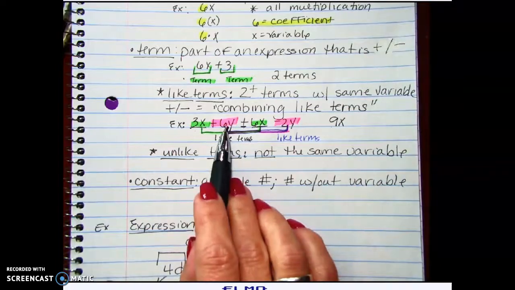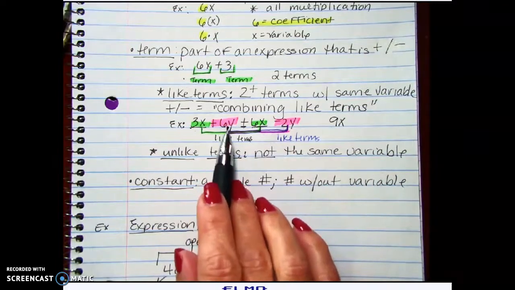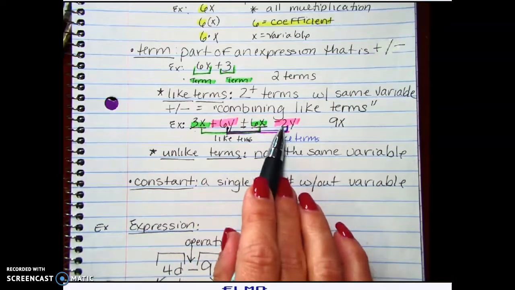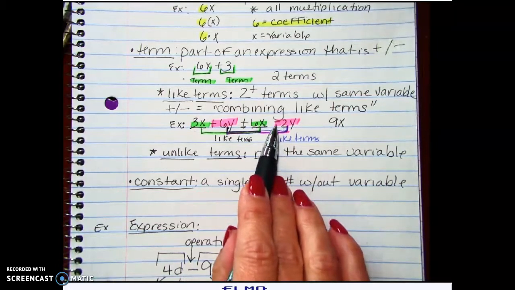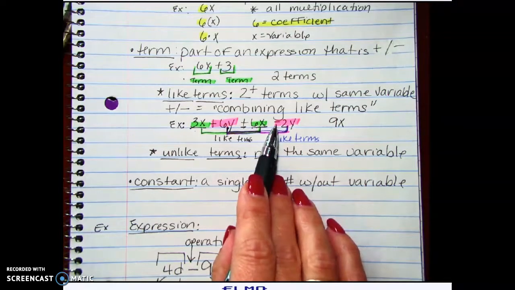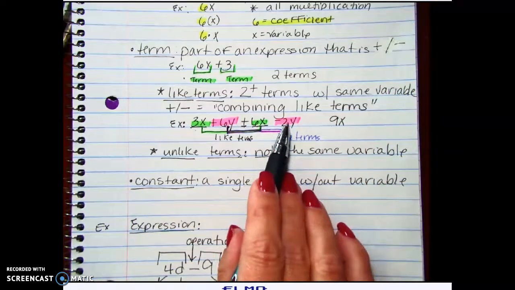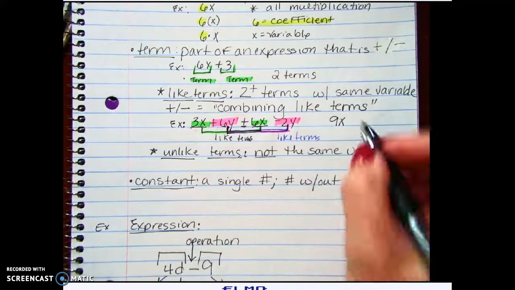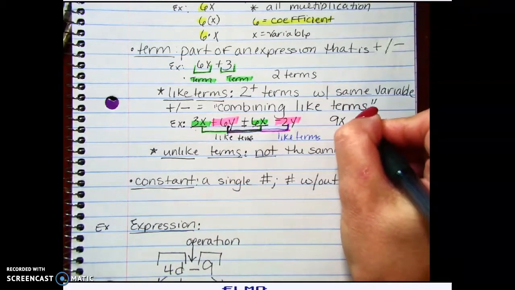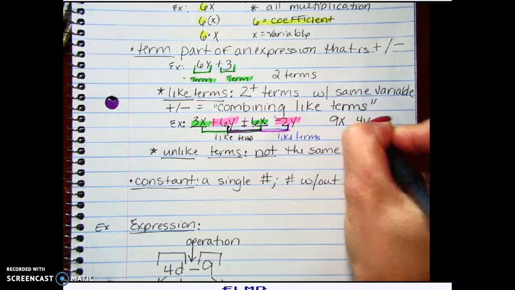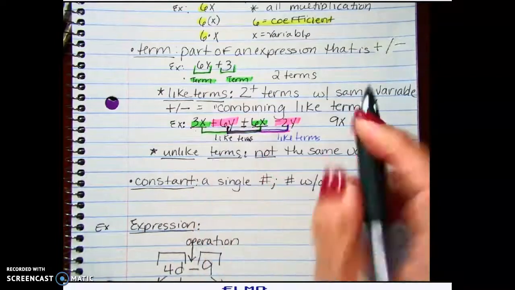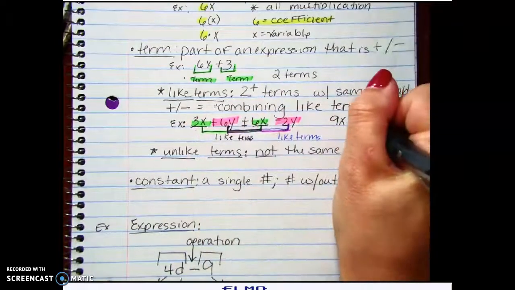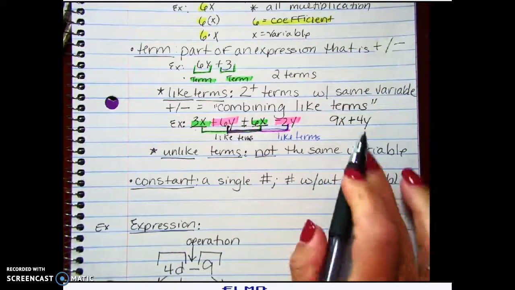Then I look at my next set of like terms, 6y and 2y, but there's a minus sign in front of 2y. So that means I'm going to subtract 2y from 6y, and I end up with 4y. Well, now, because it's a positive, I keep it plus.